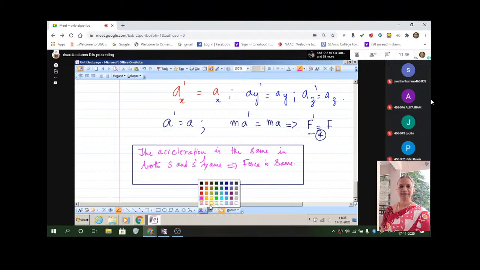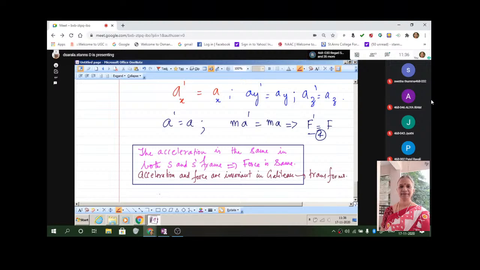So what do you conclude from this? That acceleration and force are invariant in Galilean transformations.